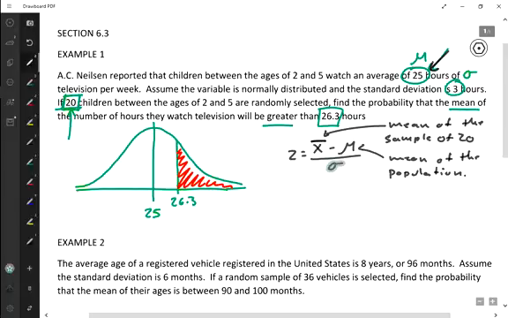What this does though is it also switches our denominator. Instead of just sigma, we end up with sigma over the square root of n. The reason for this is this. The bigger our sample size gets, the closer we expect to get to the population average.